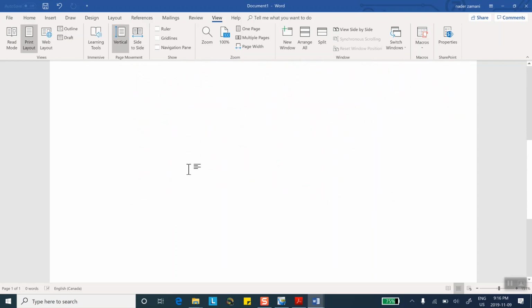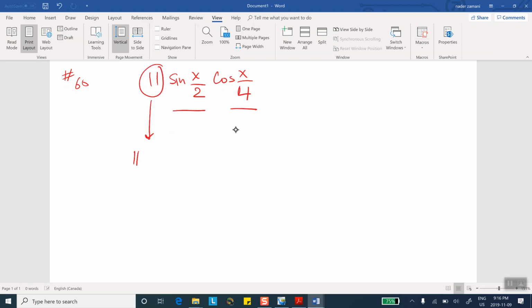Number 60. It's the same kind of thing. It says 11 sine of x over 2 cosine of x over 4. Okay, don't let this thing bother you. We're going to write it here. And then you look for something like this.